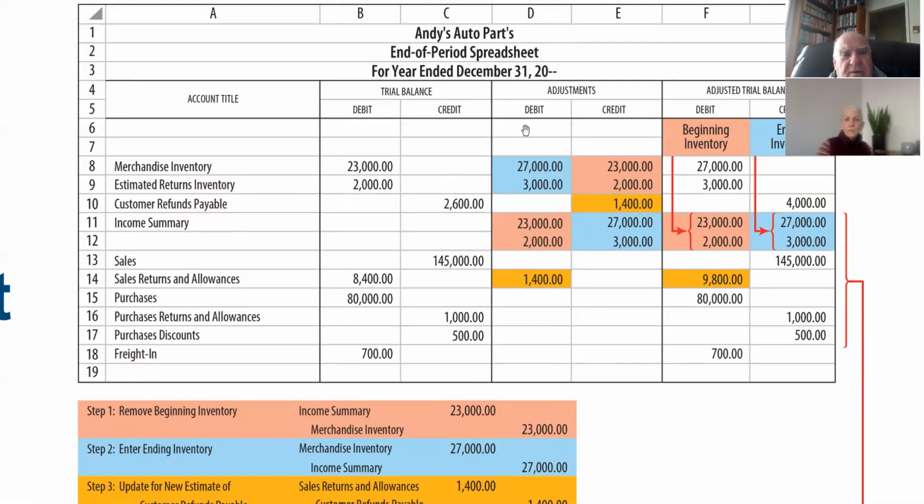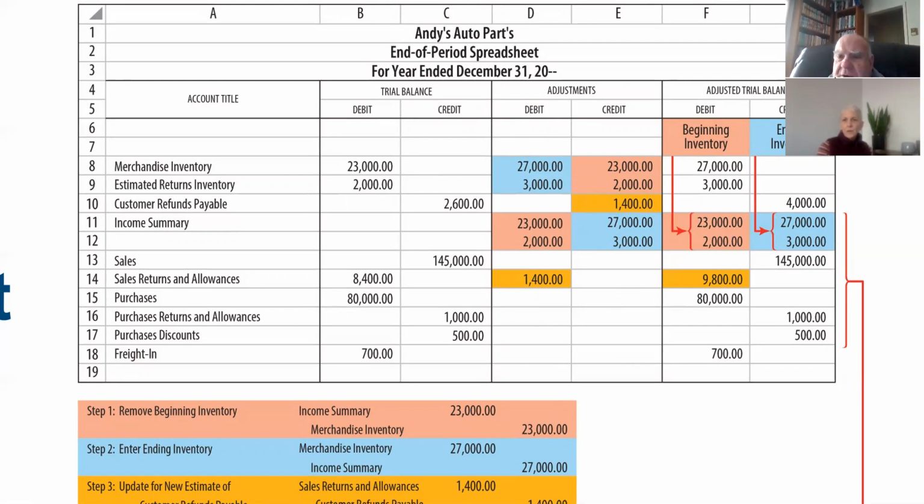We debit merchandise inventory and credit income summary. And notice that they bring them both over to the adjusted trial balance. Because you're going to use them both when it comes time to do the income statement.